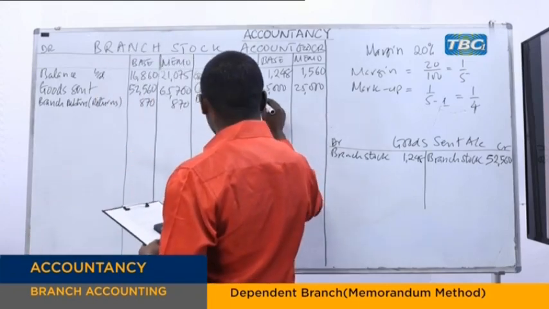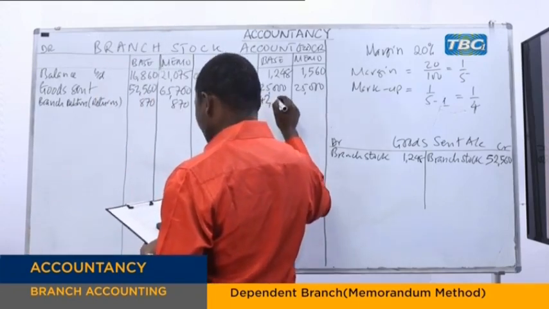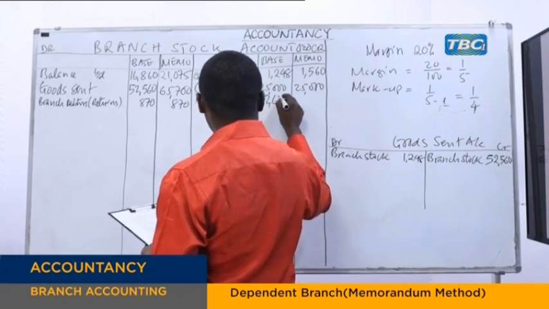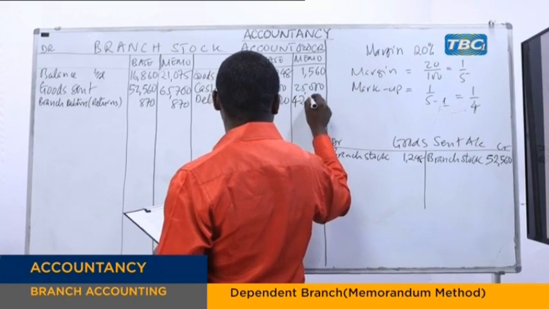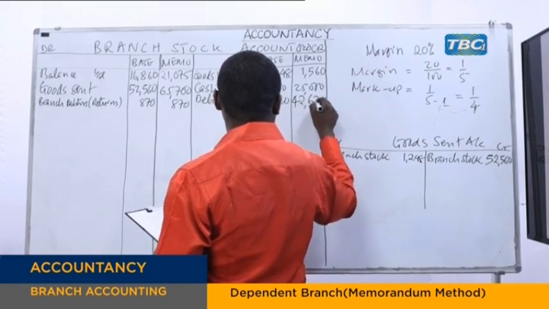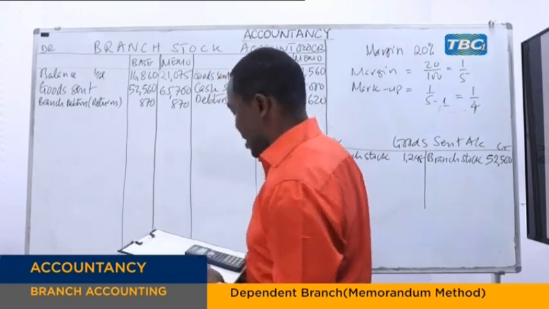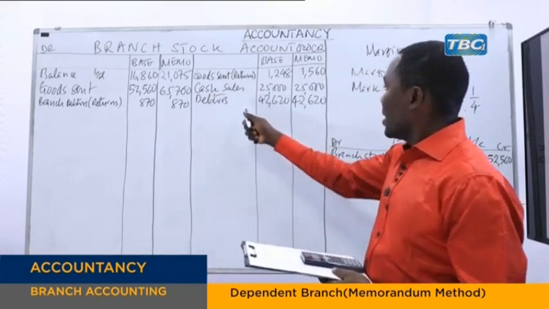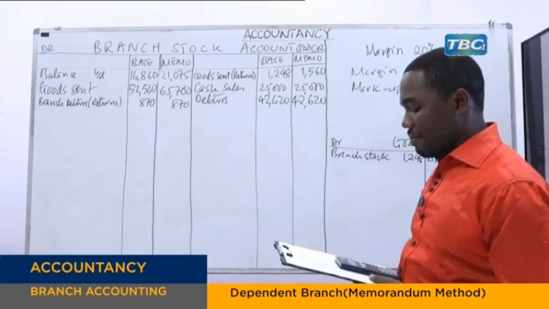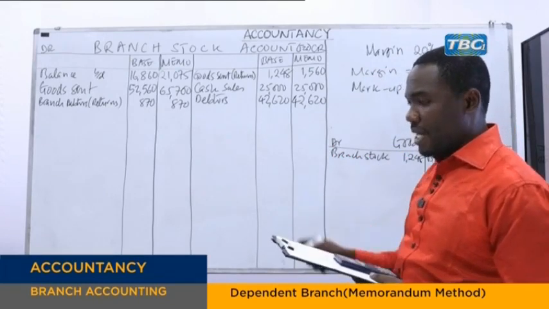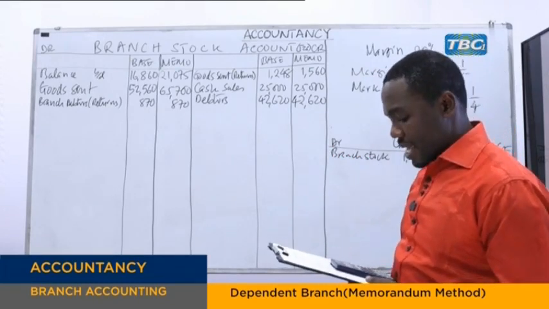How much? It was 42,620. The same applies here. You record at selling price. So this will also go to be debited in the branch debtor account if we had opened this account.